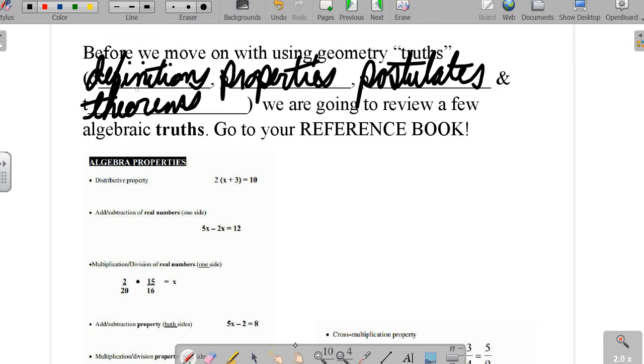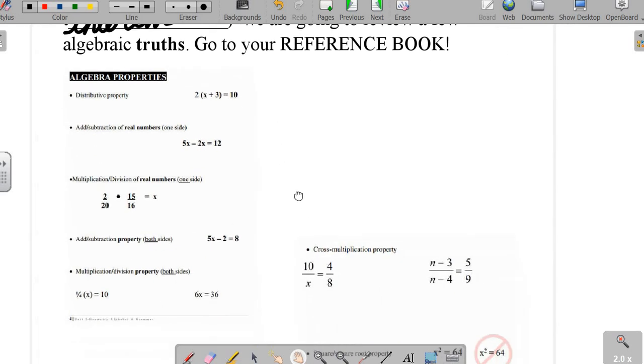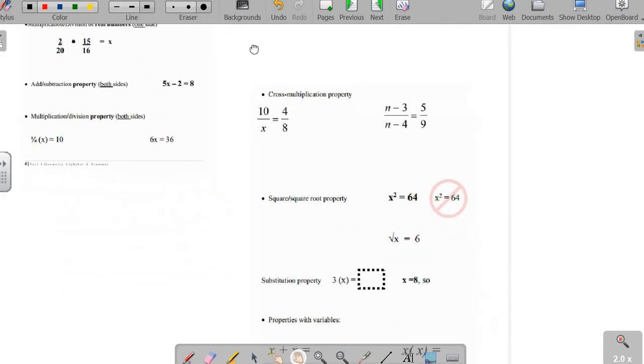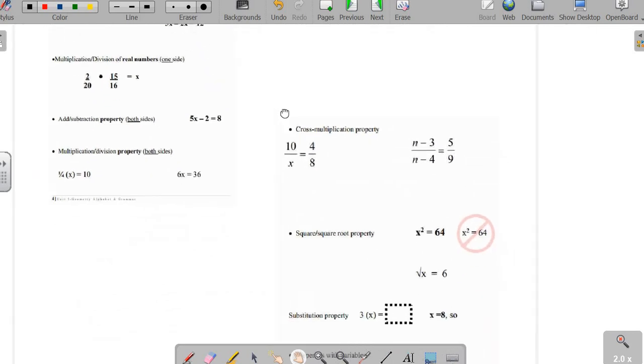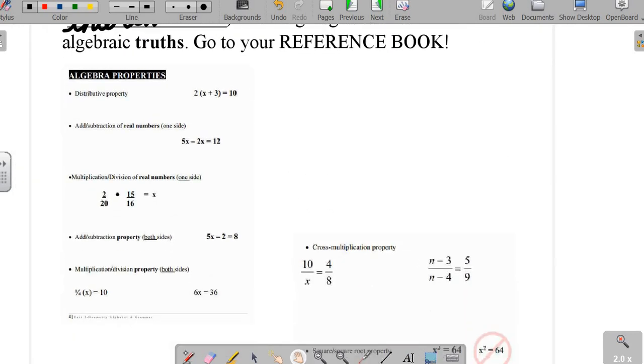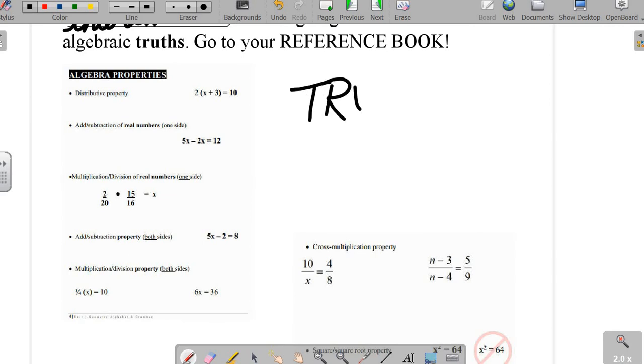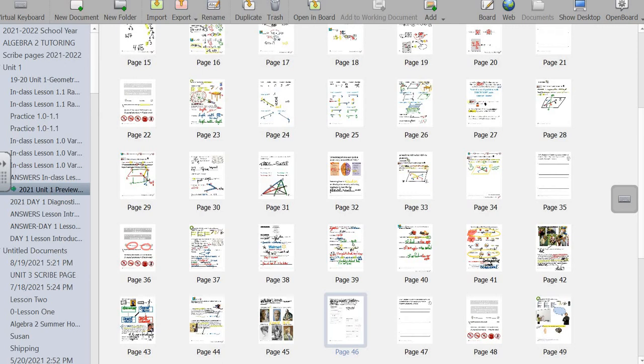I need you to go to your reference booklet, please, and find these 2 pages in your Unit 1 section. They're called Algebraic Properties. In other words, we are going to be summarizing truth that you already know, but we're going to do it specifically with algebra because you're at this moment more familiar with algebra than you are geometry.